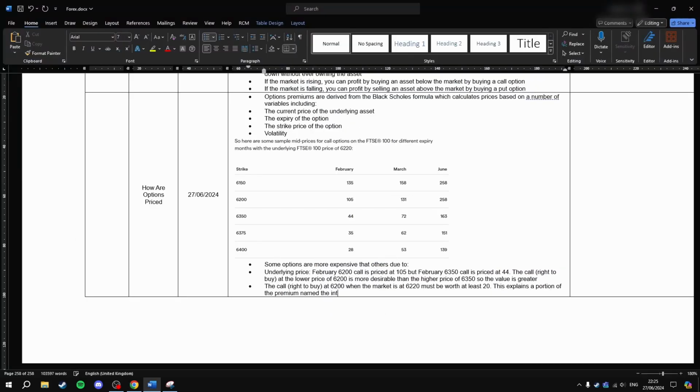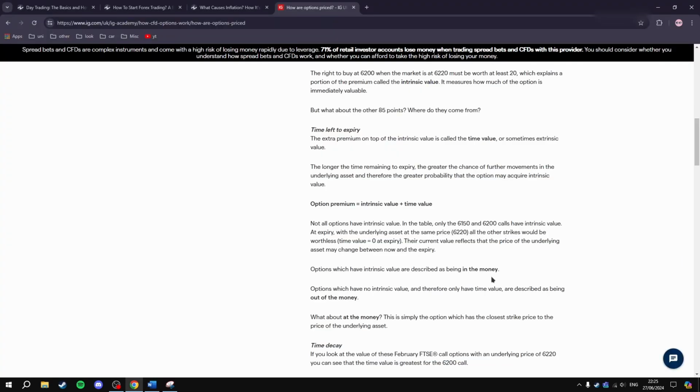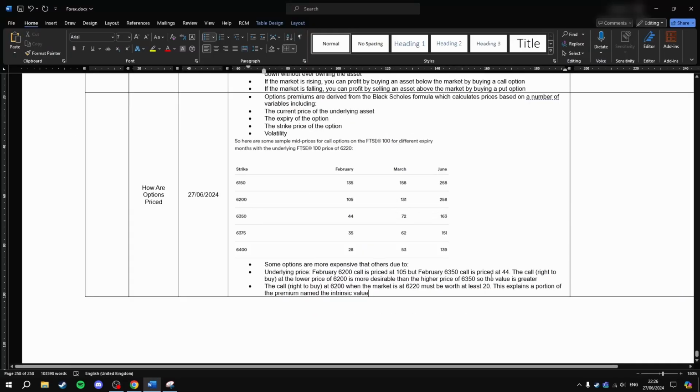It measures how much of the option is immediately valuable.